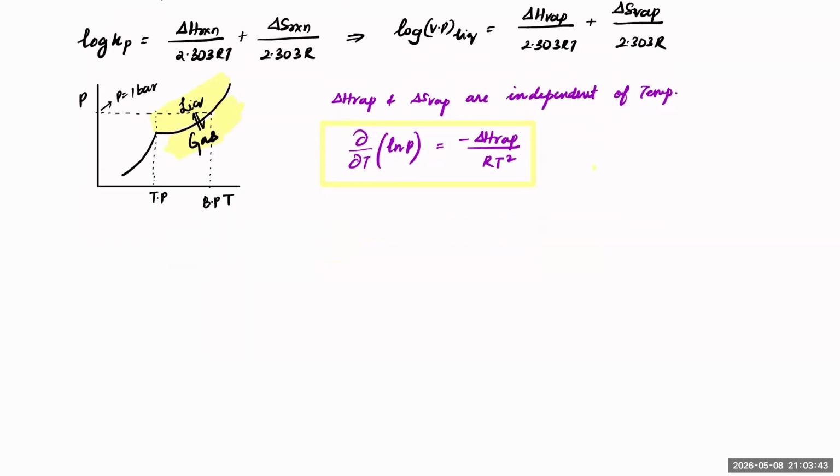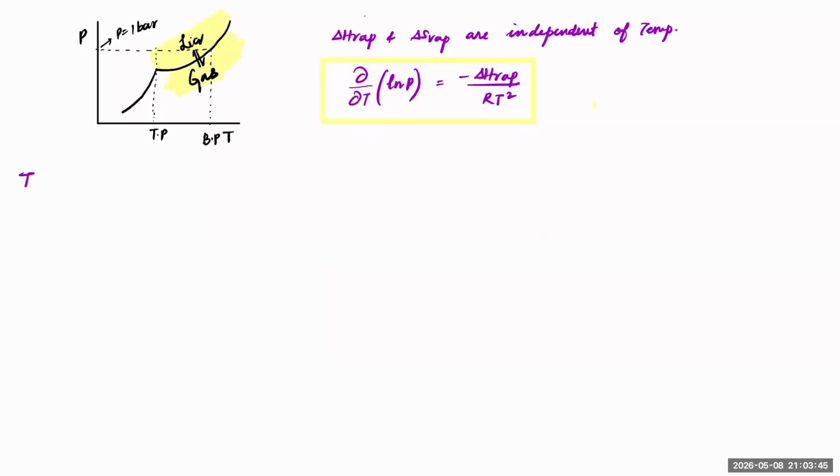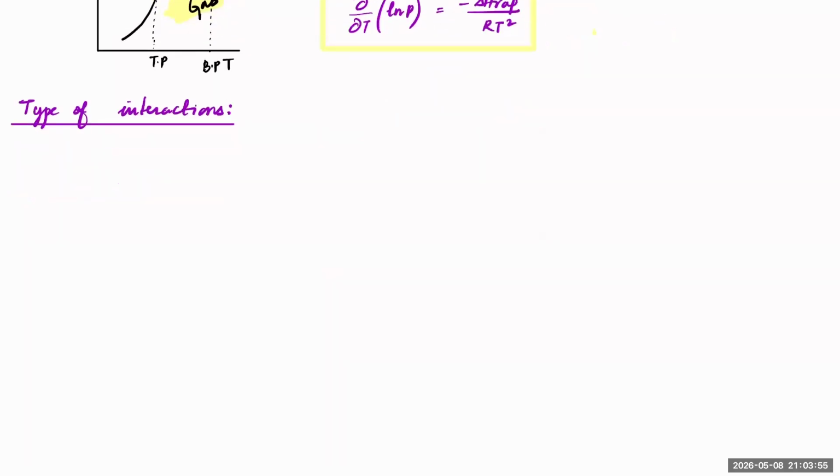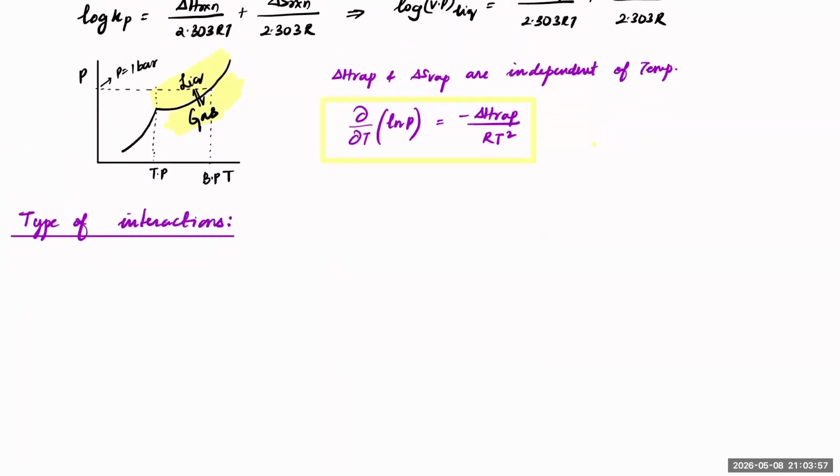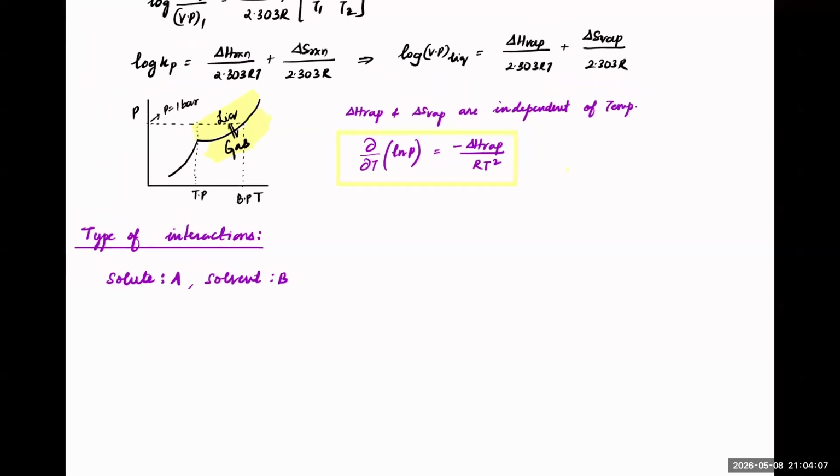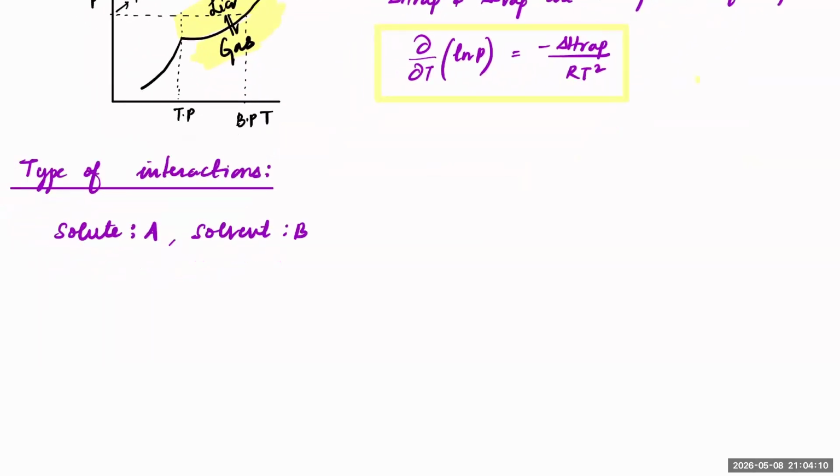So let me show you, the type of interactions. For a solute and solvent, let's assume the solute as A and the solvent as B.